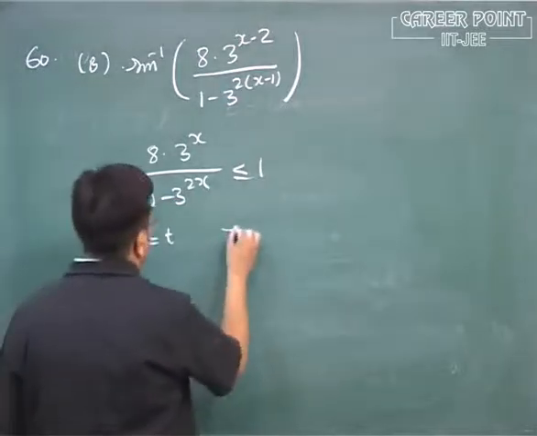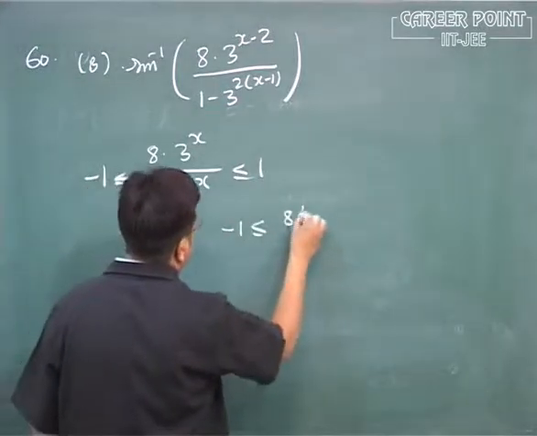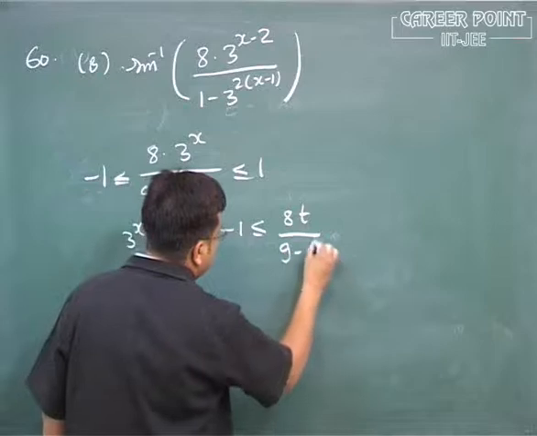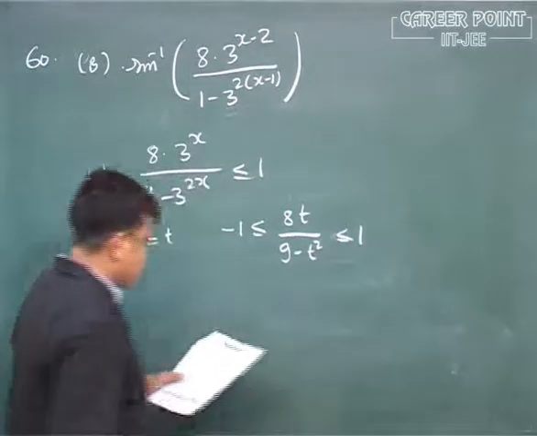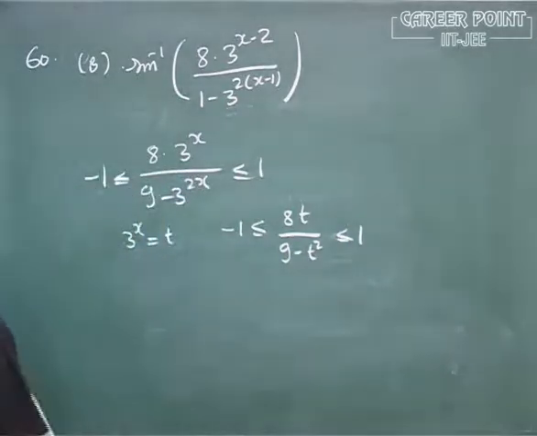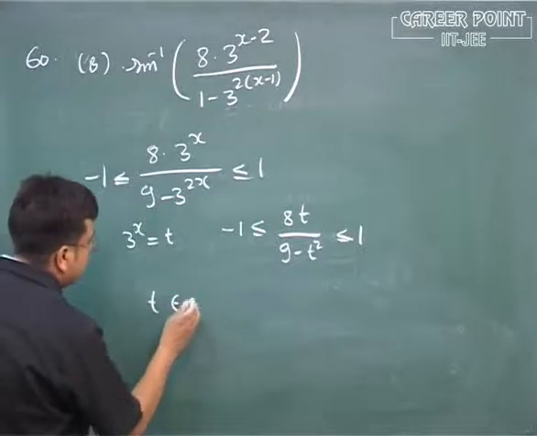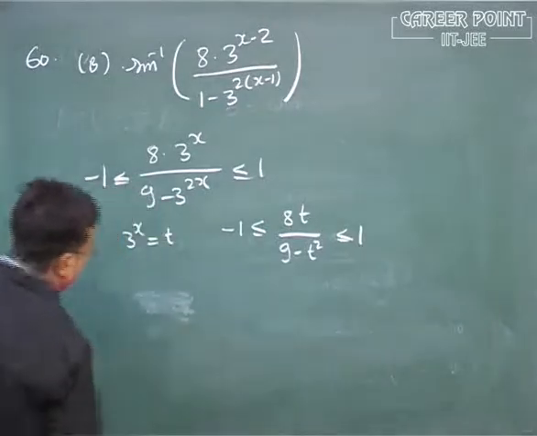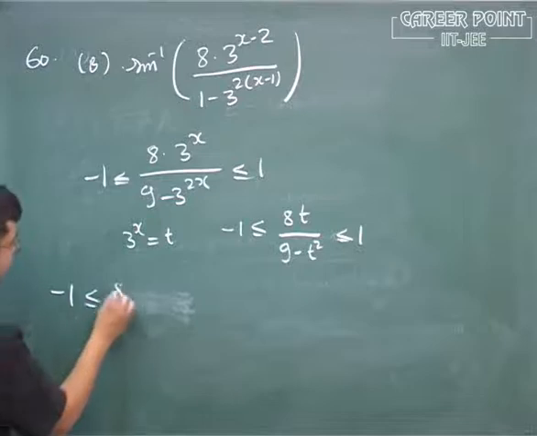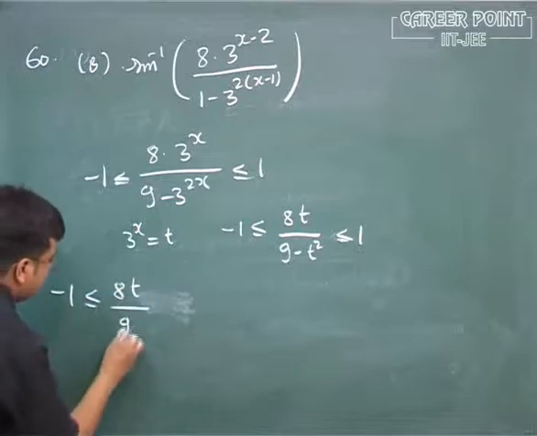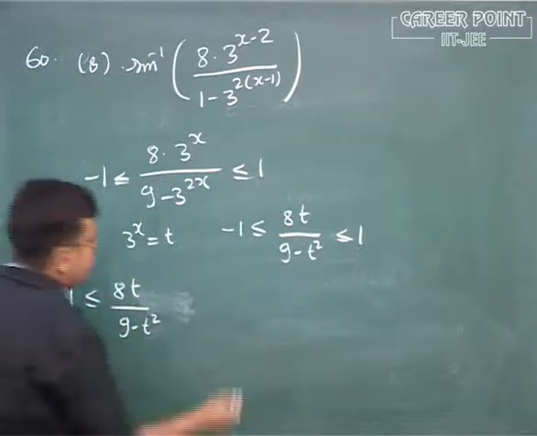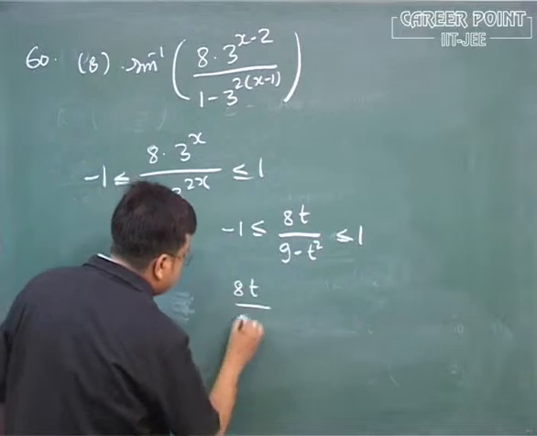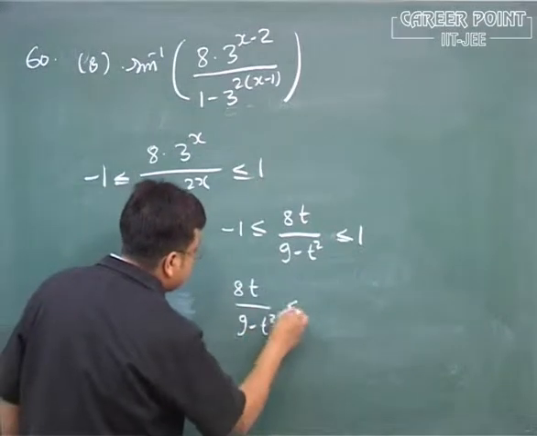Now, we get minus 1 is less than or equal to 8t upon 9 minus t square, which must be less than or equal to 1. By solving this, by solving it one by one, minus 1 is less than or equal to 8t upon 9 minus t square, and 8t upon 9 minus t square must be less than or equal to 1.